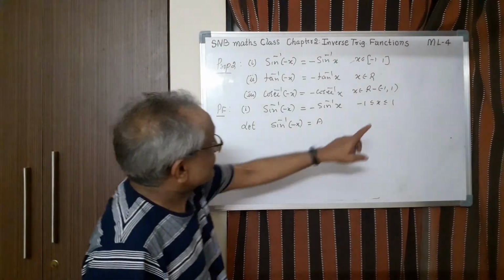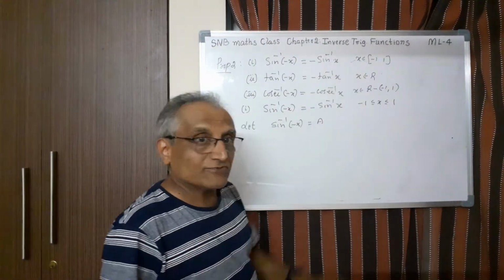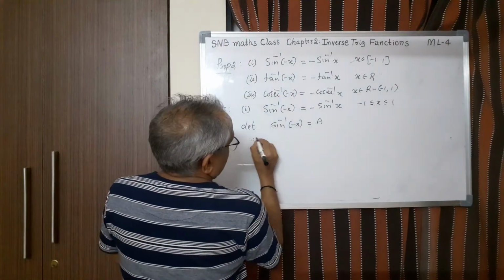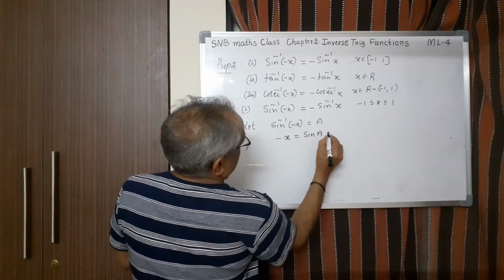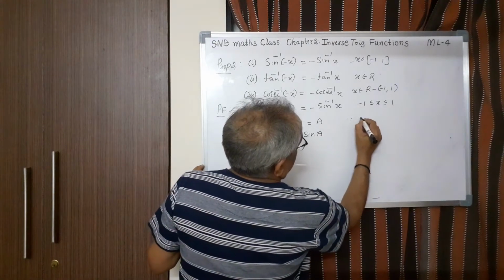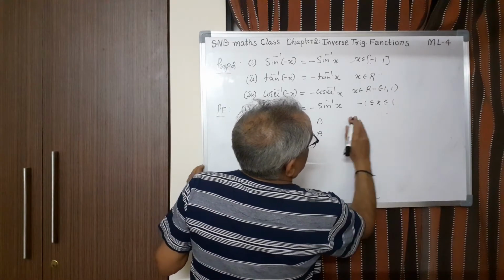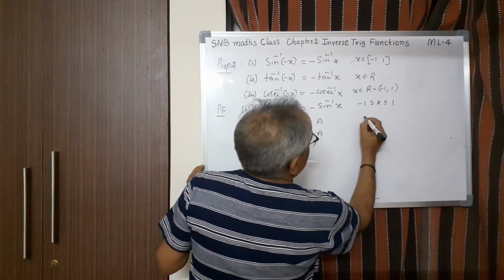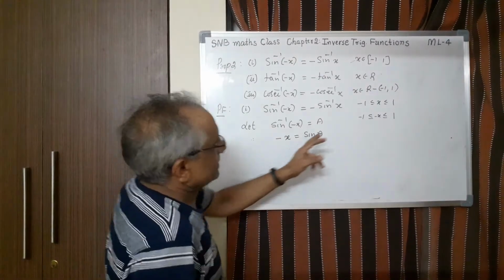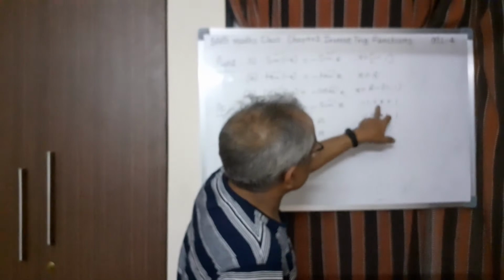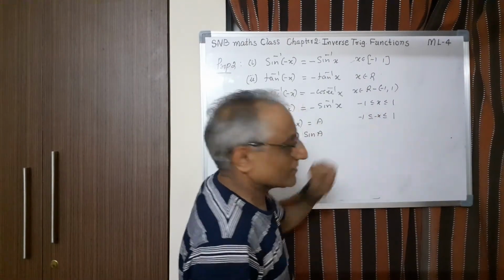And whenever x is between minus 1 to plus 1, minus x also lies between minus 1 to plus 1 only. So, therefore, minus x will be equal to sine a, because here minus 1 less than minus x less than 1, when you multiply this one, same, minus 1 less than minus x less than 1 only. So even if you interchange here, this is minus x, this becomes plus 1, this becomes minus 1, but that we can write like this only.